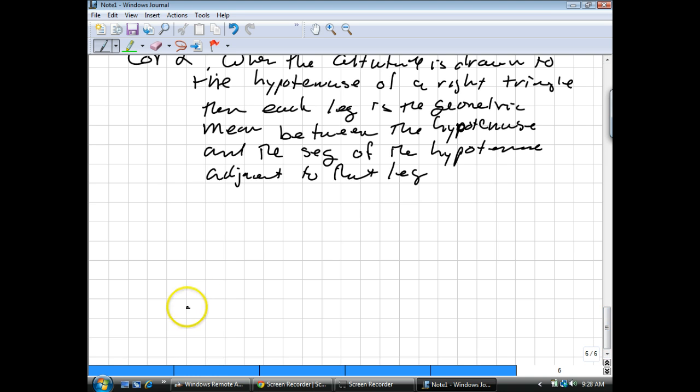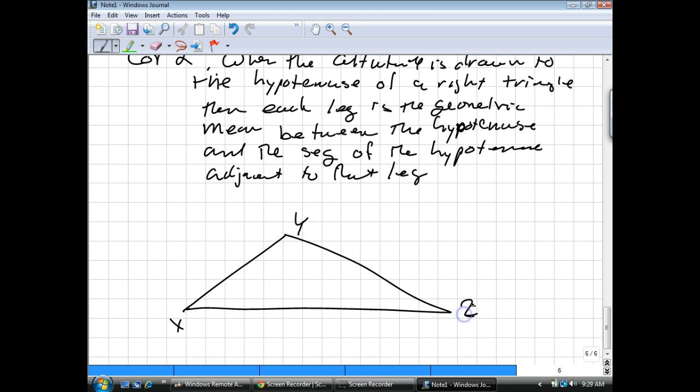Okay, so if I have triangle XYZ with altitude YA, okay, then this is a leg, this is a leg. So what this one is saying is that for leg XY, then XZ is to XY as XY is to XA.